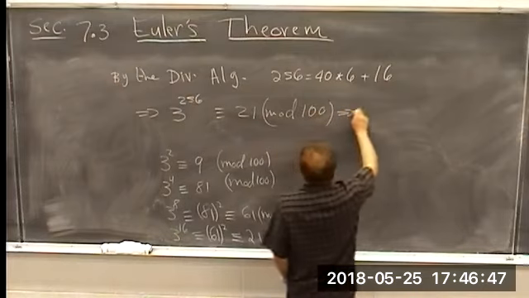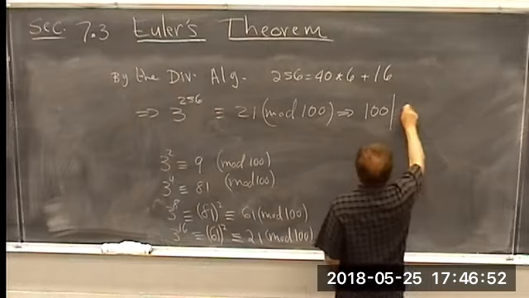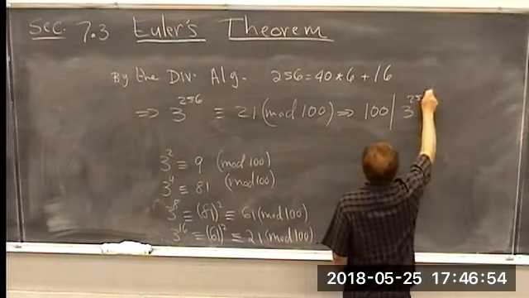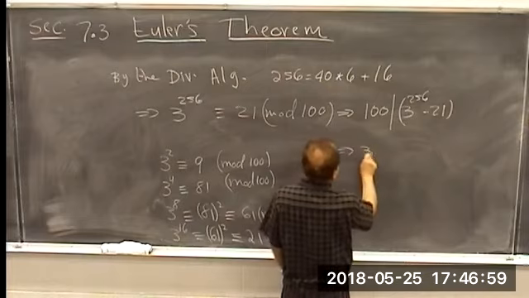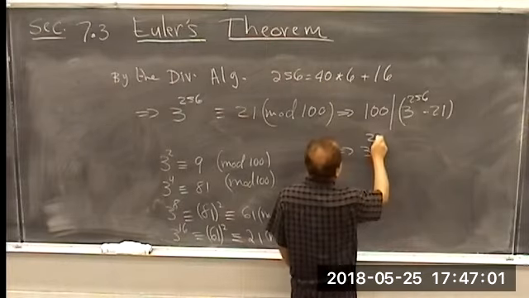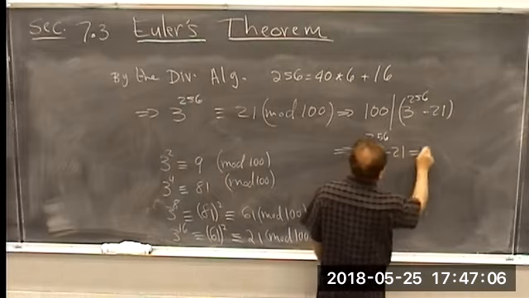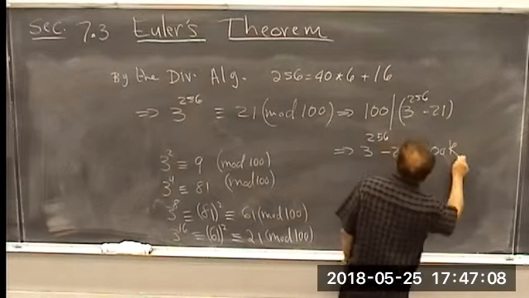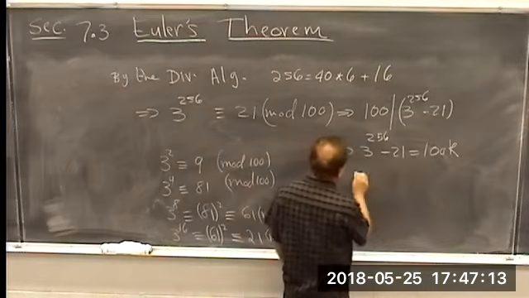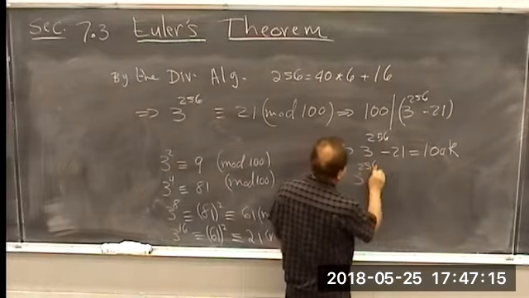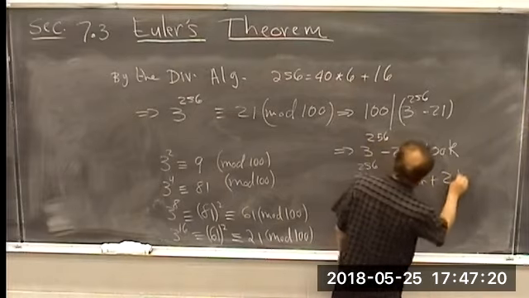And this implies that 100 is going to divide 3 to the 256 minus 21. And this implies 3 to the exponent 256 minus 21 is going to be 100k, where k is an integer. Now, when you take this to the other side, 3 to the 256 is equal to 100k plus 21.